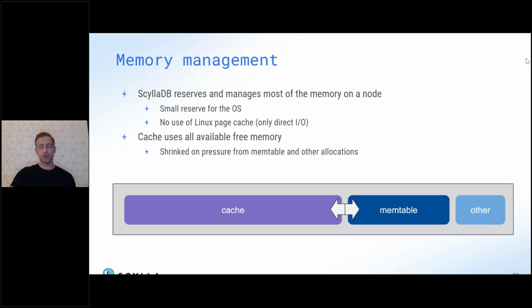But most of the memory is managed by us, and we dedicate most of it to the cache, which is designed to fill all available memory and shrinks on demand as there is pressure from other parts of the system, like mem tables or things which are needed to handle ongoing operations. And there are controllers in place which make sure that those other parts and mem tables don't grow too much. So most of the memory will be dedicated to cache.